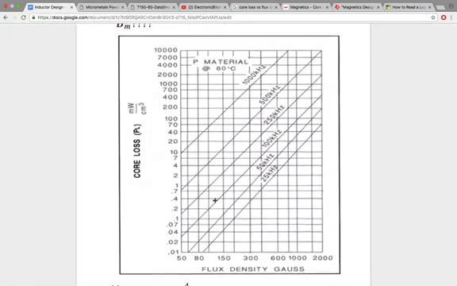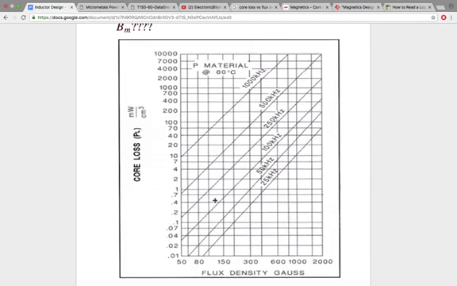So basically we decide the BM depending upon the power losses in the core. This is for a ferrite core, like P-type material at 180 degrees Celsius, taken from the magnetics notes they have given. You can see that for different frequencies there is a different graph.